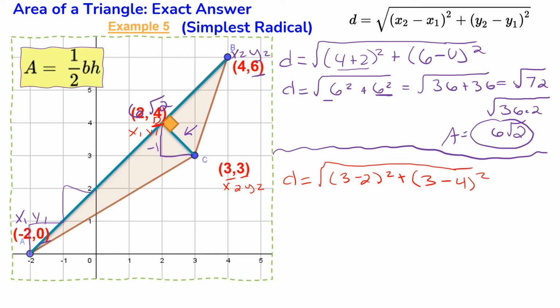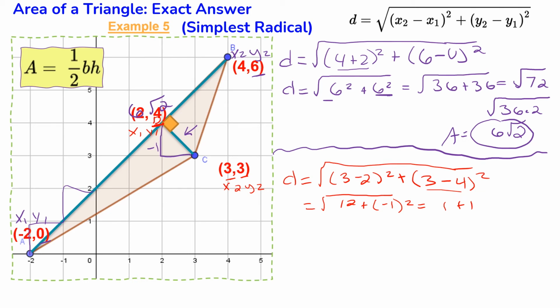Plugging that in, simplifying. 3 minus 2 is 1, 1 squared, and 3 minus 4 is negative 1, so I have negative 1 squared. Simplifying more. 1 squared is 1. Negative 1 squared is still 1.